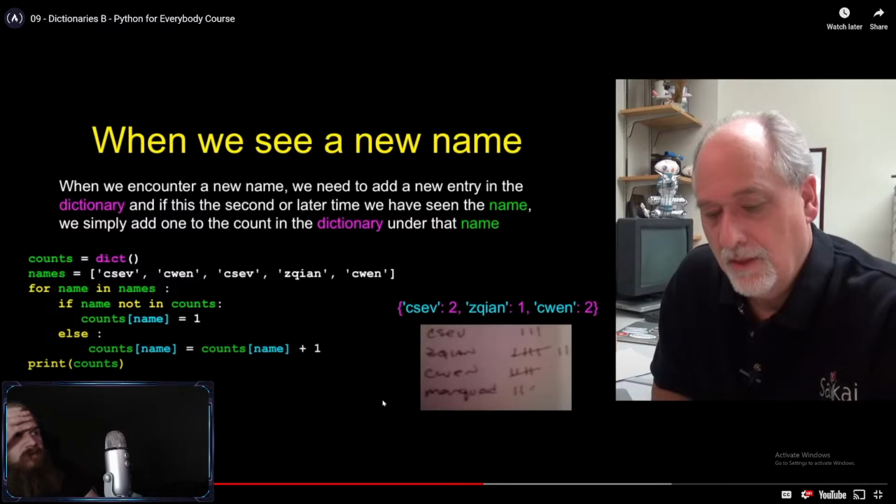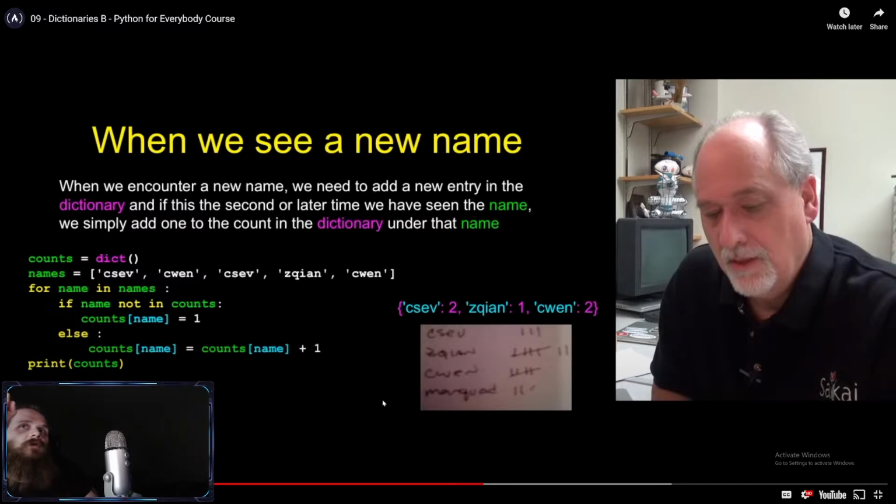For name in names, if name is not in the dictionary, counts name equals 1. Oh, that just adds it in if it's not there. If it's not in counts, add it in.